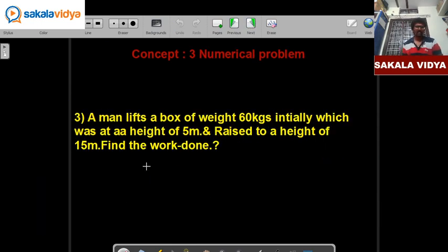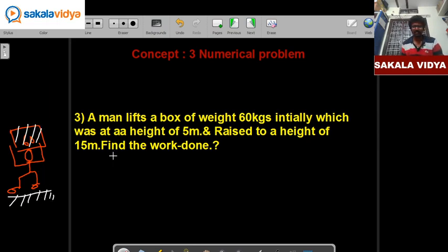Okay, a man lifts a box of 60 kg, which was initially at a height of 5 meters, and he raised it to a height of 15 meters.